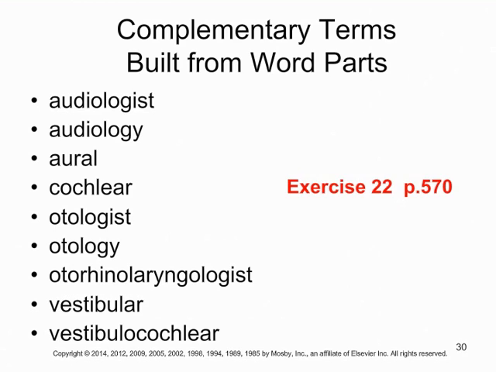We have vestibular, pertaining to the vestibule, and then the last one, vestibulocochlear, is just pertaining to those two different areas. So take a moment and try exercise 22 just to get these words straight before we move on to the abbreviations.